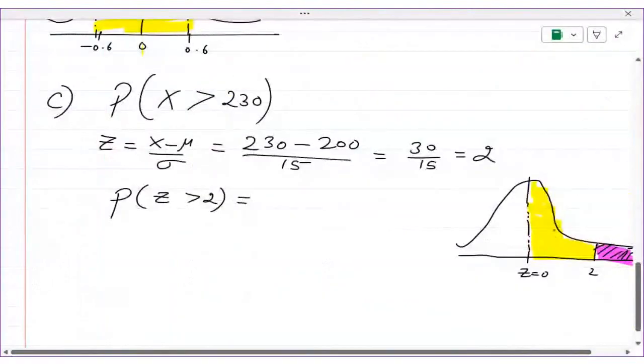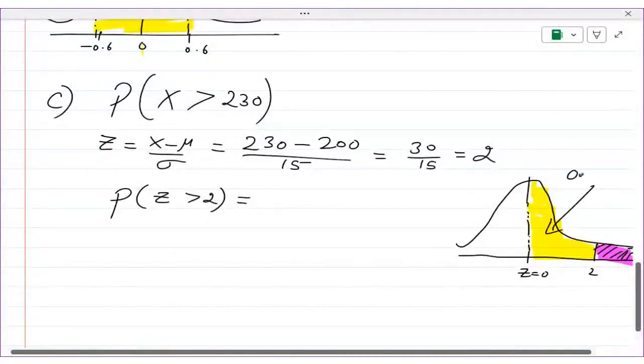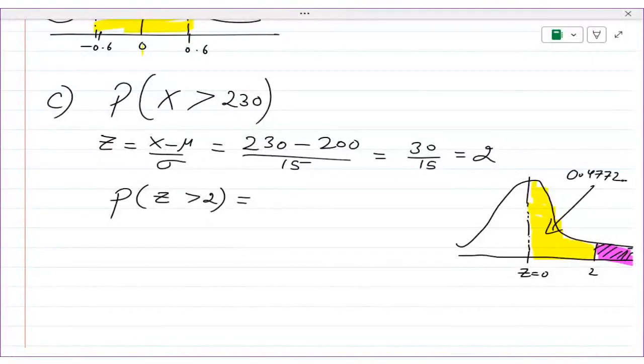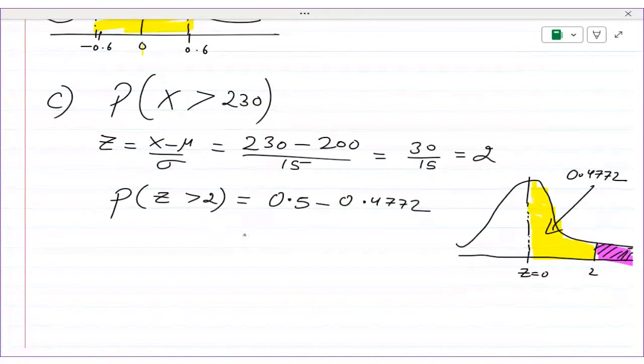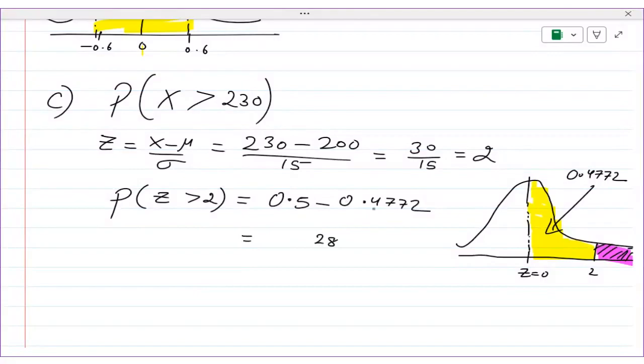This yellow area is 0.4772, but we have to find the pink area. Yellow plus pink is half. So half minus the yellow area, 0.5 minus 0.4772, we got 0.0228.